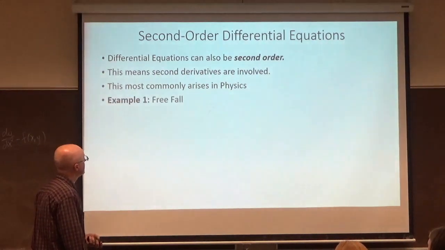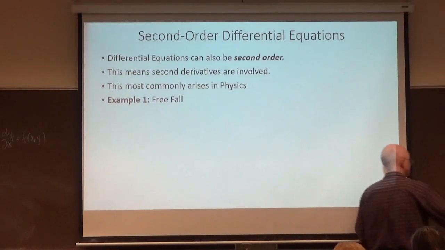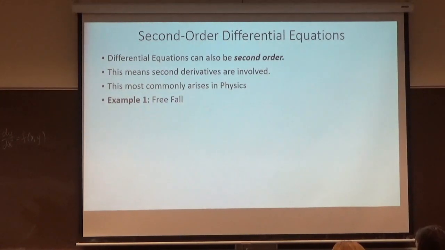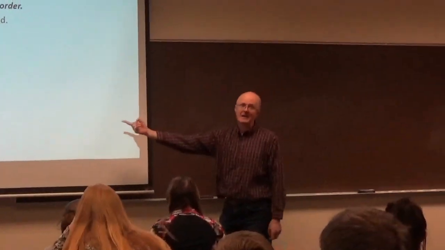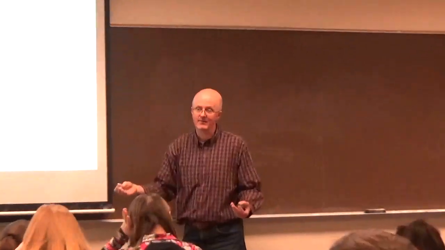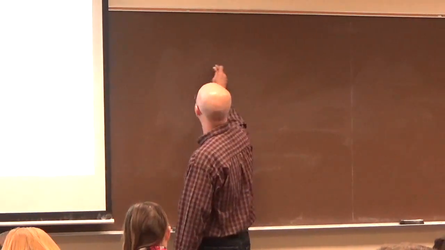Here are the most common examples. Free fall, which we've already talked about, 3 or 4 weeks ago, before exam 2. In these physics applications, typically time is the independent variable, t, instead of x.